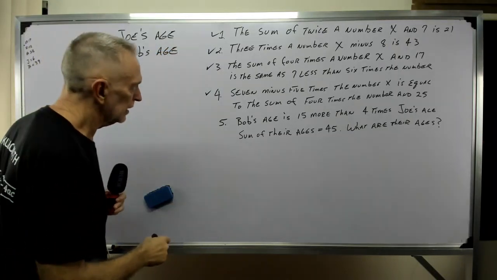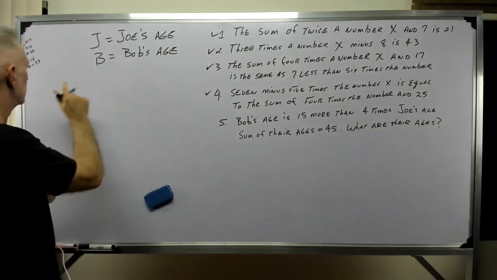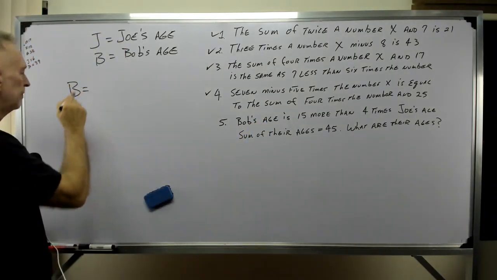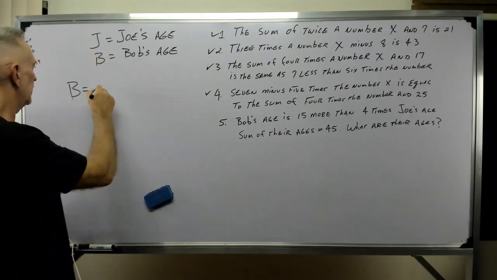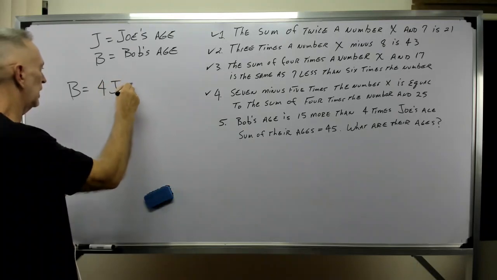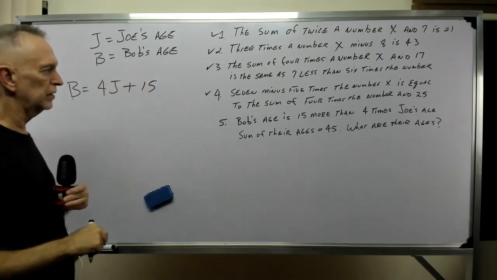Okay, so it says that Bob, his age, so B, is 15 more than 4 times Joe's age. So 4 times Joe's age plus 15 equals Bob's age.